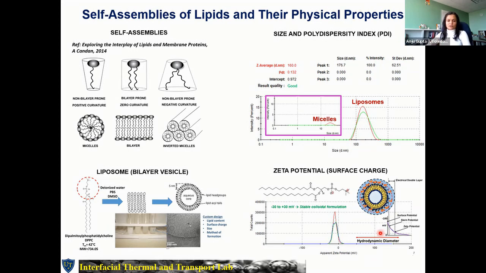Again, in field of colloids and liposomes, if you have a zeta potential in the range of -30 to +30, you have a very stable colloidal formulation that looks like this, where you don't see any aggregates, and you see a uniform cloudy suspension like this.